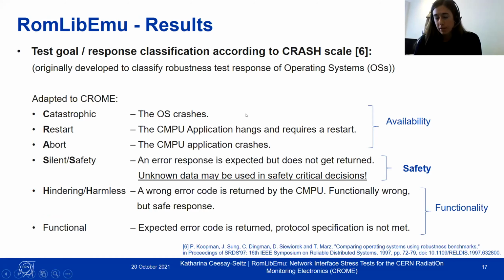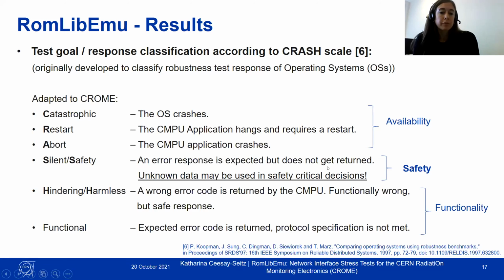This does not in our case mean that the PL crashes, because this is implemented in a fault-tolerant architecture, so the PL is independent from the PS. Restart means the application hangs and would require a restart, and abort means the application crashes. In all these scenarios, the remote side cannot communicate anymore with the CMPU.